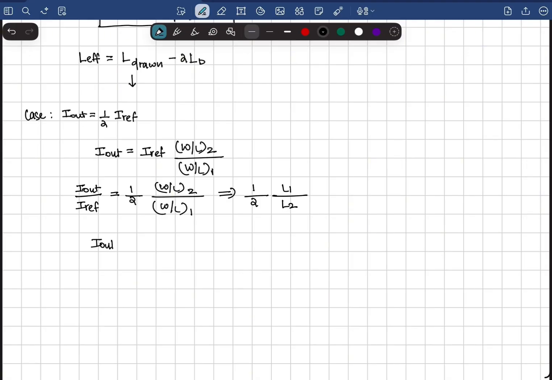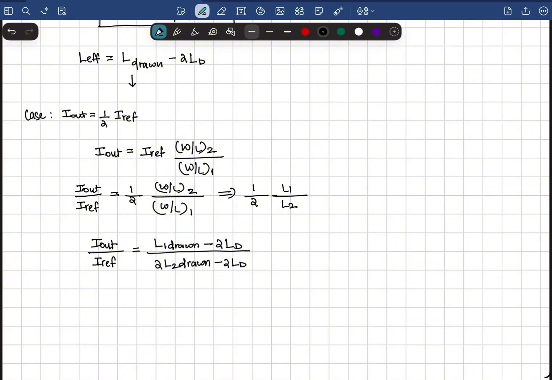We get I out by I reference is equal to L1 drawn minus 2LD divided by twice L2 drawn minus 2LD. The drawn length is the one that we input in software like Cadence.